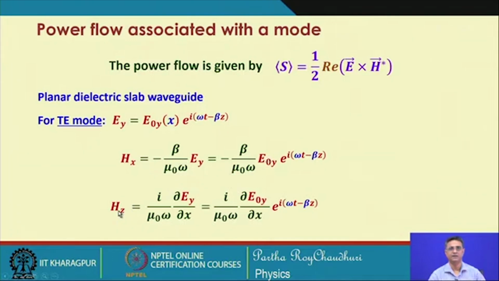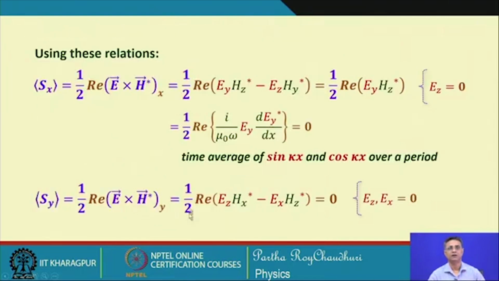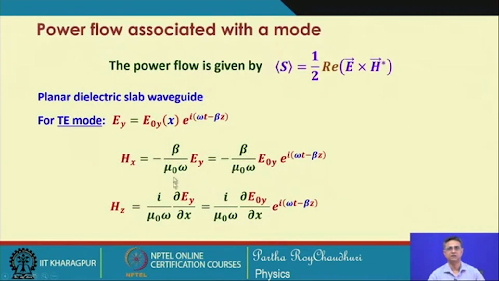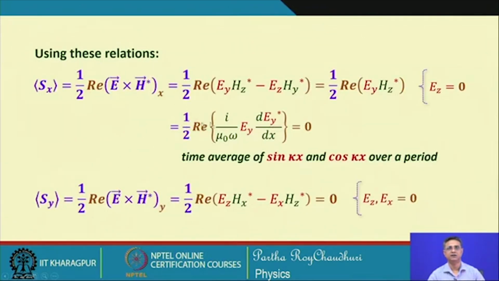Now, H z is also connected to E y through this equation, and these two equations will be used to calculate the Poynting vector, because for a TE mode you have E y, H x and H z. We will translate H x and H z in terms of E y using this equation, and then we can evaluate. So, using these connection relations, we can rewrite.